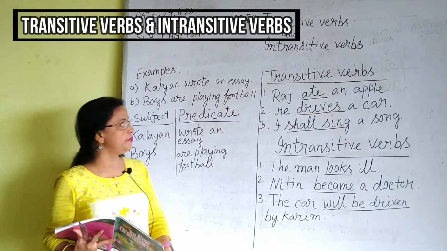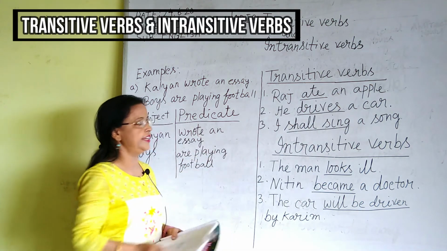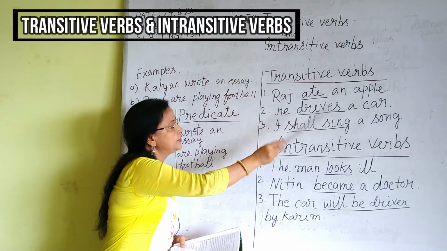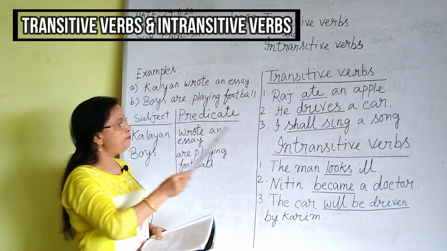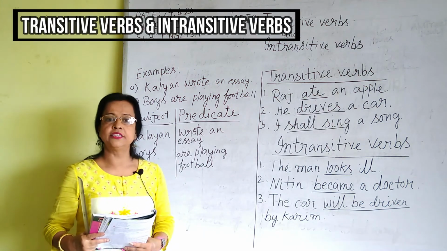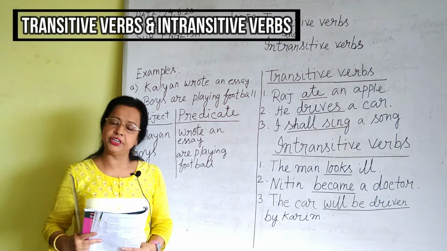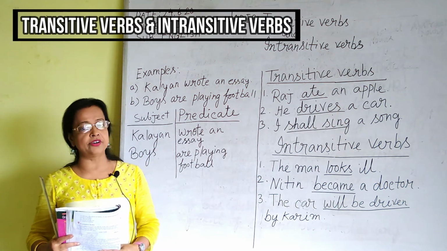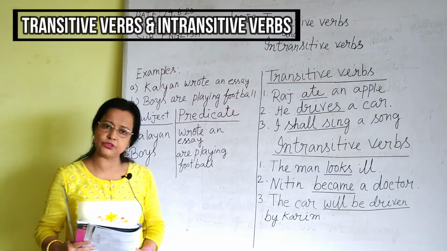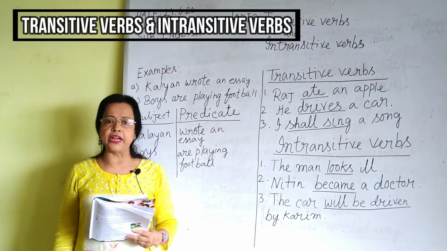Always remember, here the subjects are Raj, he and I, and the objects are apple, car and song. Apple, car and song are different from the subject itself. So remember, a transitive verb has an object. Okay, understood? Now move on.